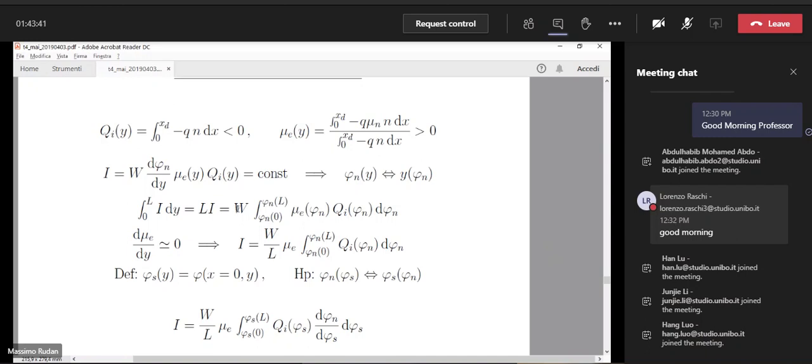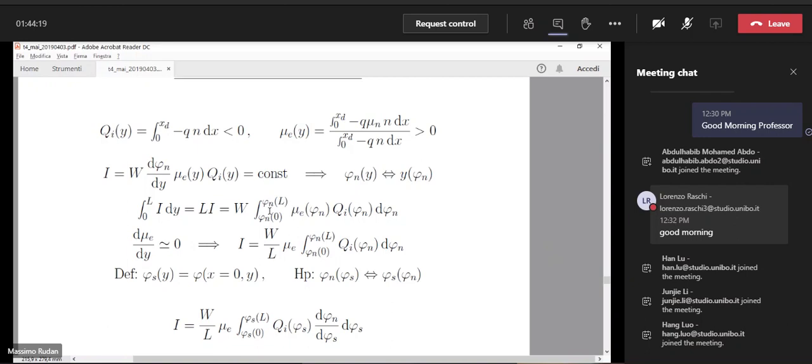So it is W, that is a constant, times the integral of mu e, that depends on phi n, times Qi, that depends on phi n, integrated with respect to phi n, between some value that we don't know yet, that is phi n at the left end of the channel, corresponding to y equal to 0, to phi n of y equal to L.